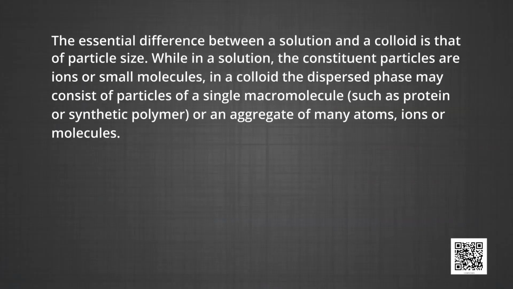The essential difference between a solution and a colloid is that of particle size. While in solution the constituent particles or ions are small molecules, in a colloid the dispersed phase may consist of particles of a single macromolecule such as a protein or synthetic polymer, or an aggregate of many atoms, ions or molecules.